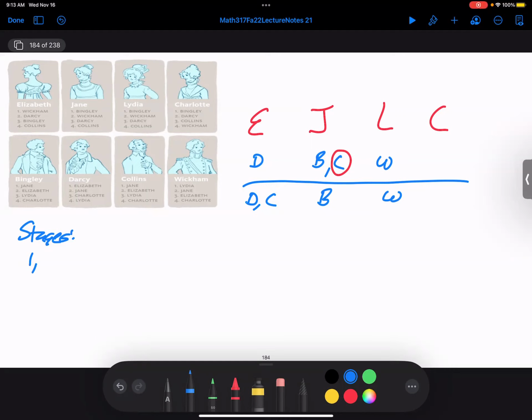Now, some people may not have any offers. I don't know what's wrong with Charlotte. It's been far too long since I've read Pride and Prejudice. What is Elizabeth going to do now that she has offers from both Darcy and Collins?